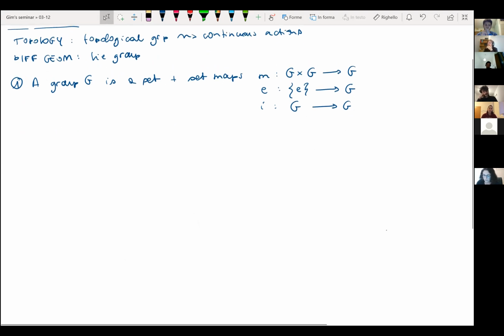So we want the multiplication of the group to be associative, and this translates to asking for the commutativity of the following diagram. We want that if we multiply an element with the other two elements that have been multiplied, in one way or the other, we obtain the same result.